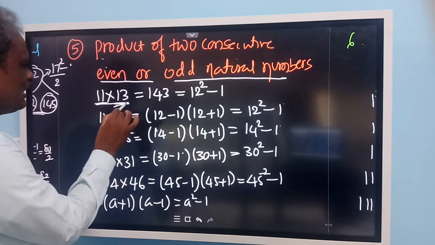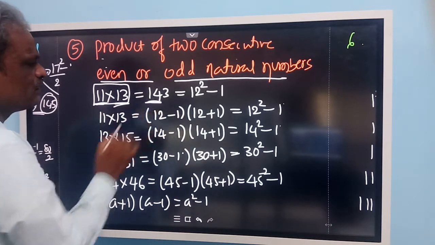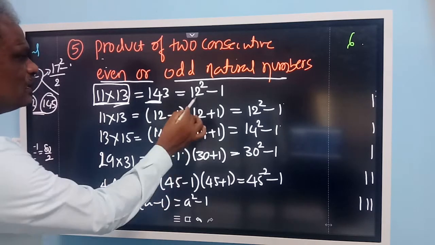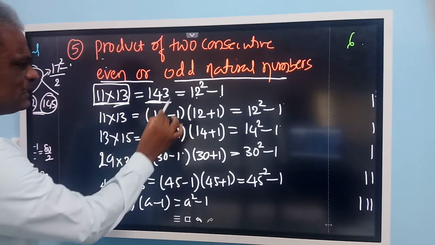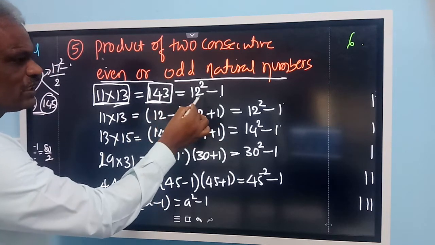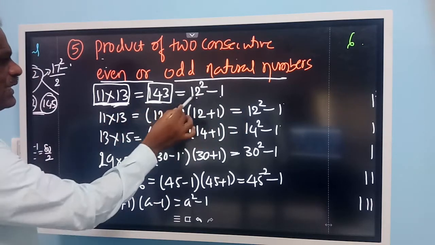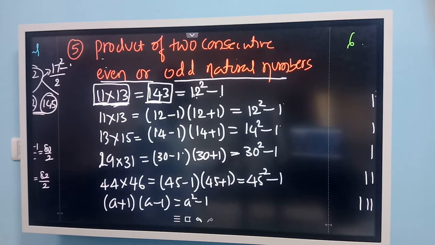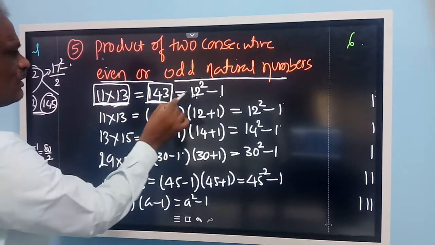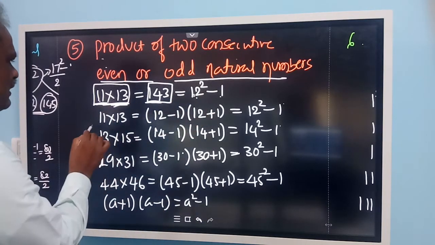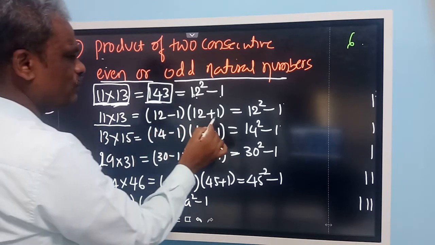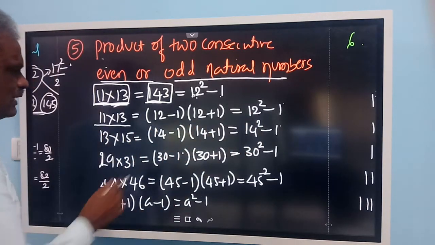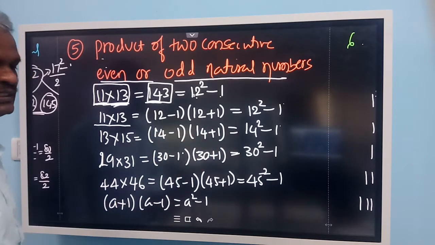Once you multiply 11 and 13 you will get 143. 143 can be written as 12 square minus 1, that is 144 minus 1. How will you get this 12? It is the number between 11 and 13. 11 and 13 you got as 12 minus 1, 12 plus 1, so 12 square minus 1. That is (a plus b)(a minus b) equals a square minus b square.